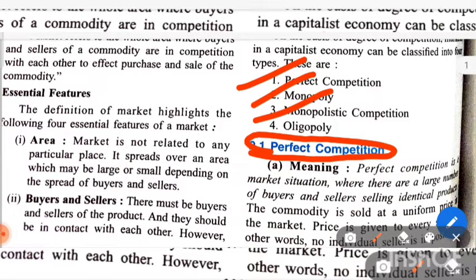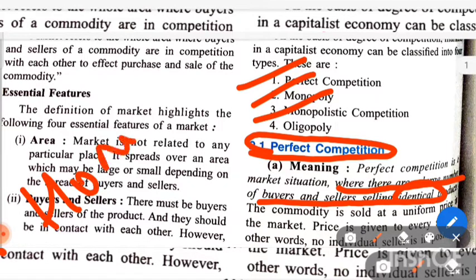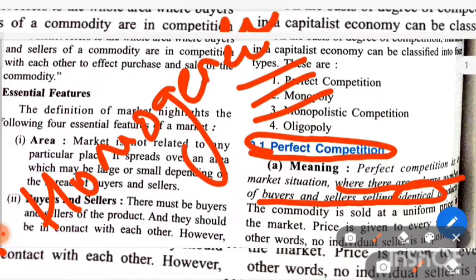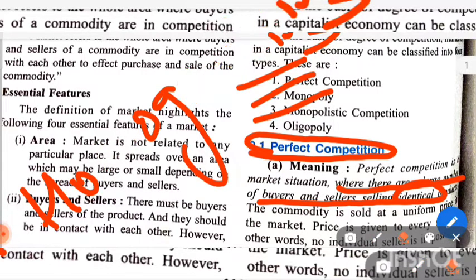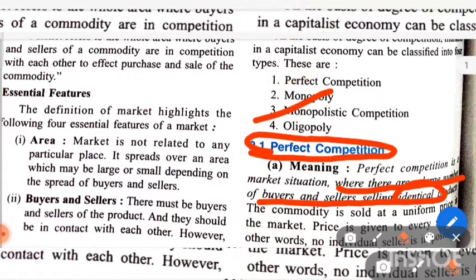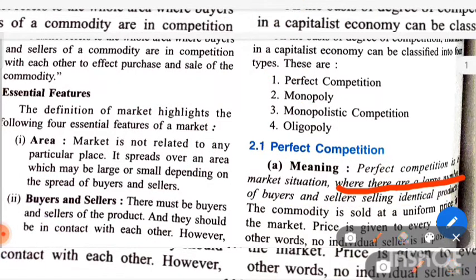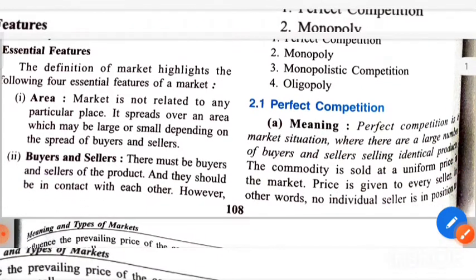So perfect competition is a market situation where there are a large number of buyers and sellers selling an identical product, which is also known as a homogeneous product. That situation is known as perfect competition.